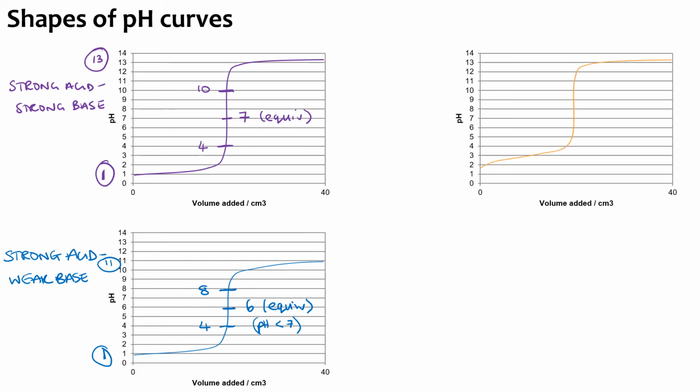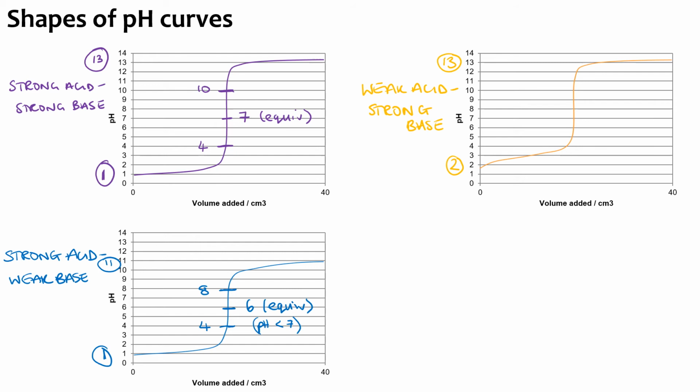Our next example, we are starting with a slightly higher pH. You can see here it starts at around pH 2, and we're ending up at around pH 13. So we're starting off with a weak acid and ending up with a strong base for this one.